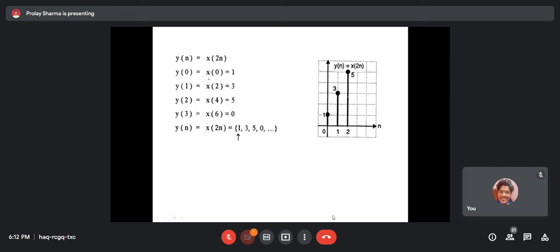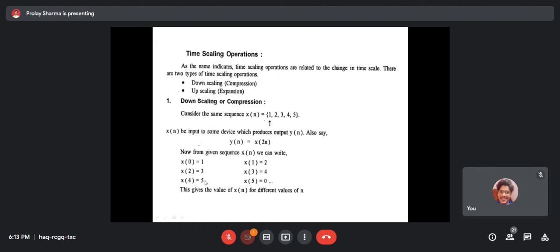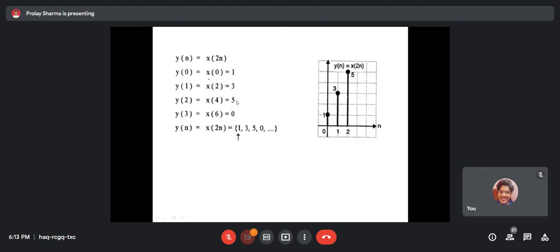Next we are considering n equal to 2. So y[2] will be x[2 into 2], that is x[4]. The x[4] sample value is 5. So y[2] sample value is 5.